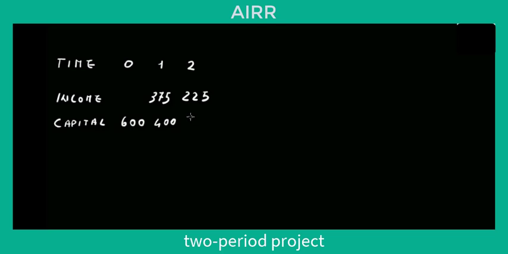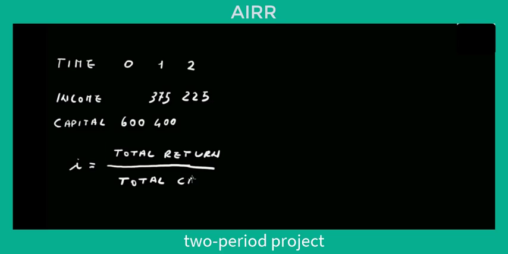Now we have two capitals invested and 2 profits, 2 incomes. So what is the rate of return of this project? In this 2-period project, we just have to divide the total return generated by the project by the total capital invested in the project.